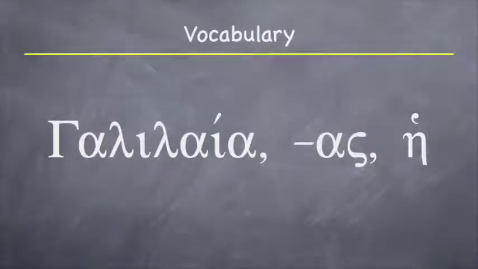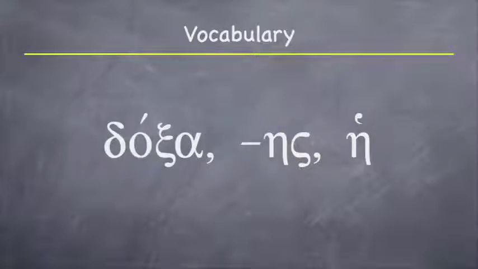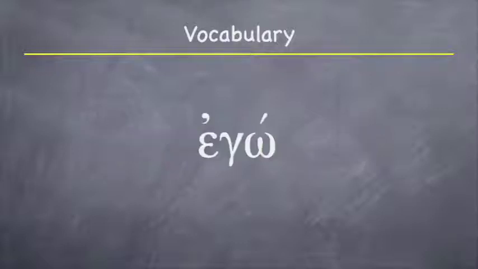Galileia. Galileia means Galilee. Graphe. Graphe means writing, scripture. Doxa. Doxa means glory, majesty, fame. Ego.